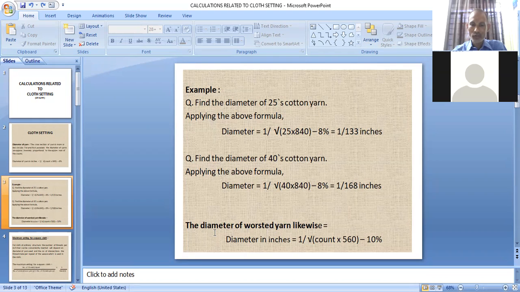One more case we have taken for the worsted system. The diameter of worsted yarn in inches is equal to 1 upon root count into 560. Because in worsted count, the constant is 560 instead of 840, which is in the cotton system. So here, instead of 840, we will write 560. So 1 upon root count into 560. And here the allowance is slightly higher because it is worsted yarn: for worsted yarn, it is 10%.